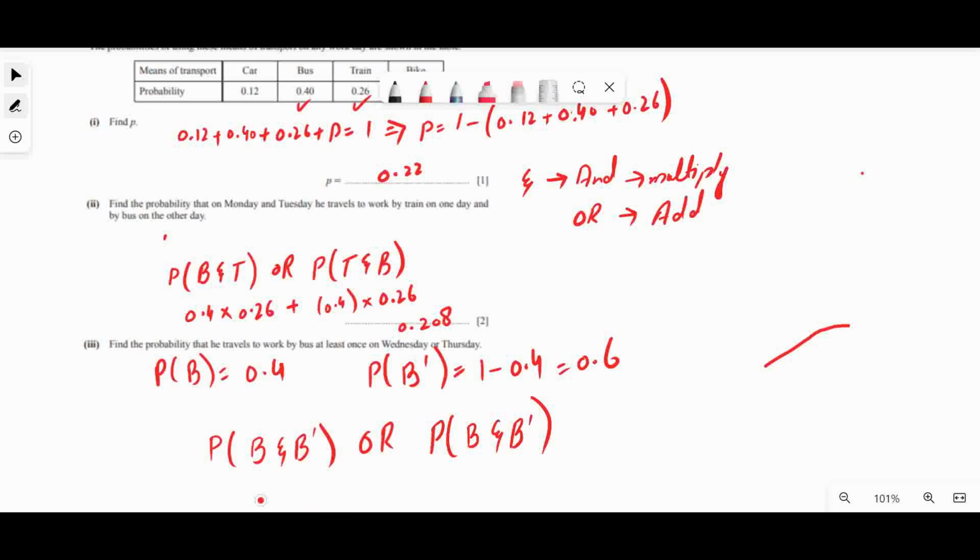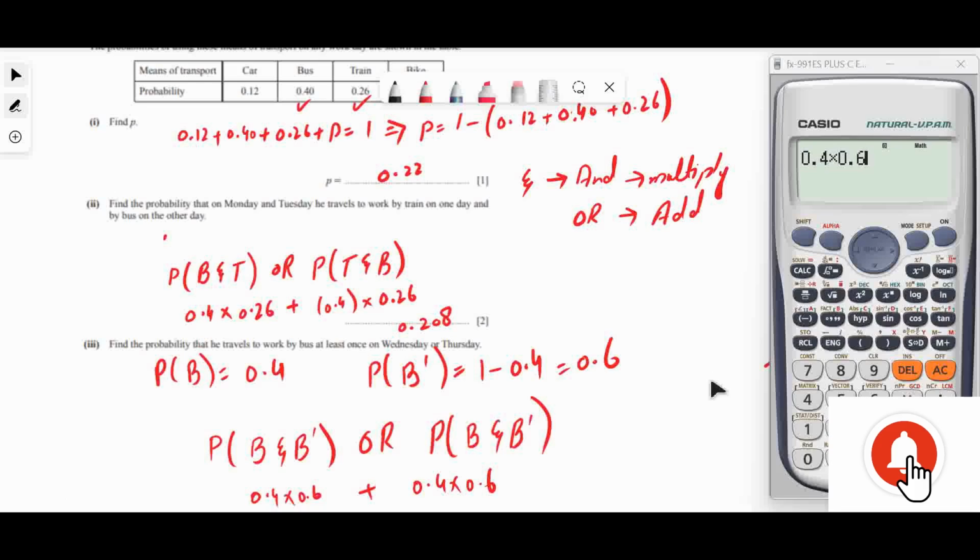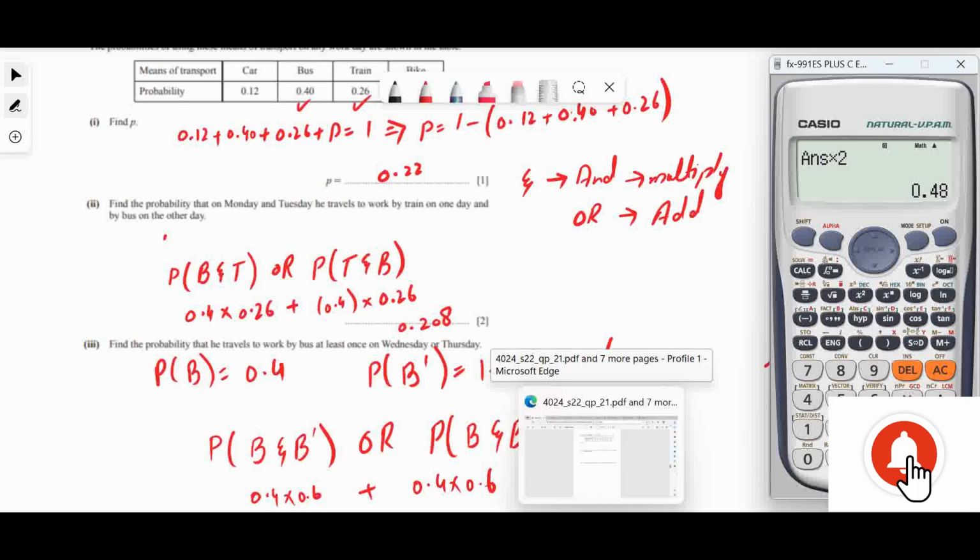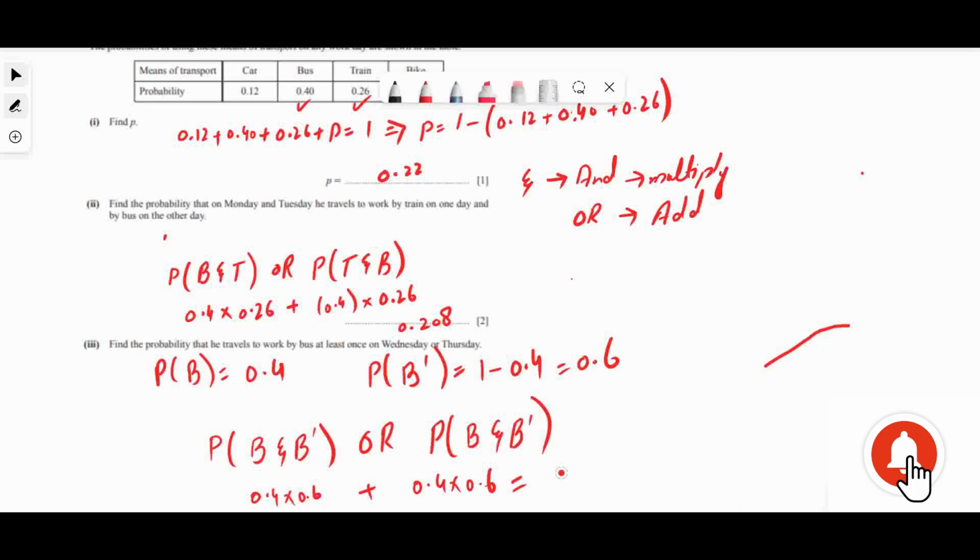We know that if there is an and sign, it means we have to multiply. So 0.4 multiplied by 0.6 plus 0.4 multiplied by 0.6. 0.4 multiplied by 0.6 will be equal to 0.24, then multiply it with 2, so it will be equal to 0.48. So 0.48 will be the final answer.